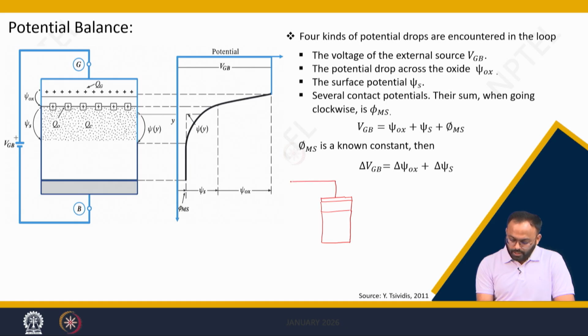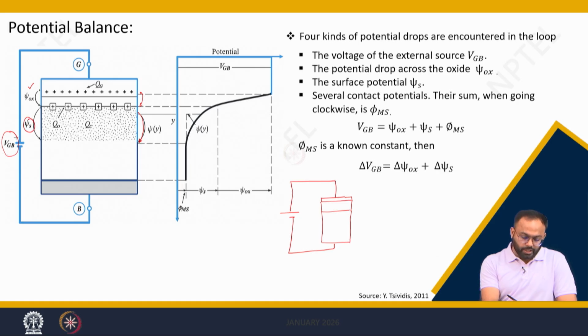The moment you connect a voltage across it, this voltage should follow a potential balance equation, or in general you can say KVL. So, ultimately this voltage VGB should be equal to the voltage drop across the oxide, which is denoted by psi ox, the voltage across the surface, which is denoted by surface potential, and the voltage between these lids, right.